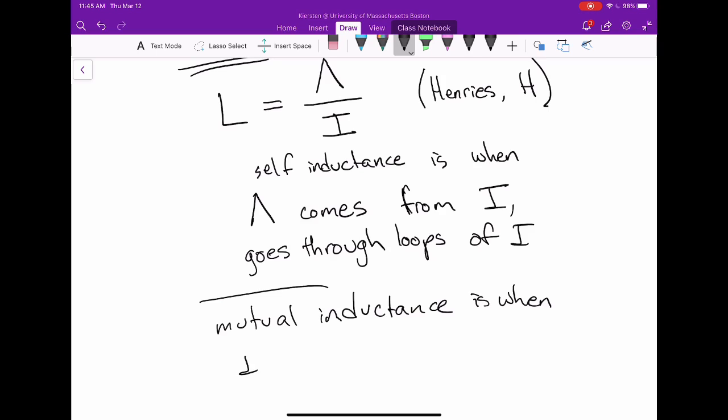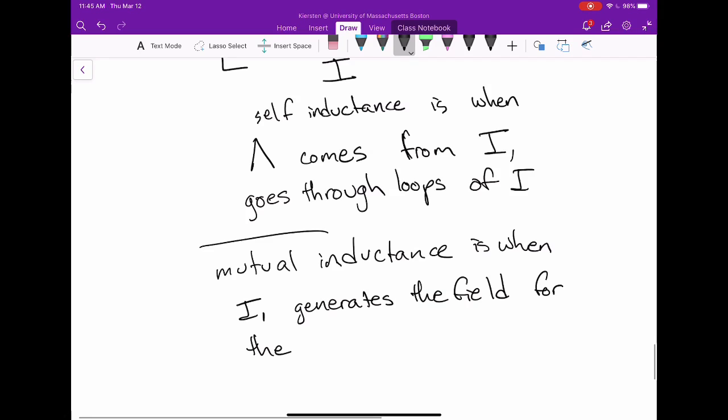That's when some current I1 generates the field for the flux linkage, but the field is going through loops of a second current.